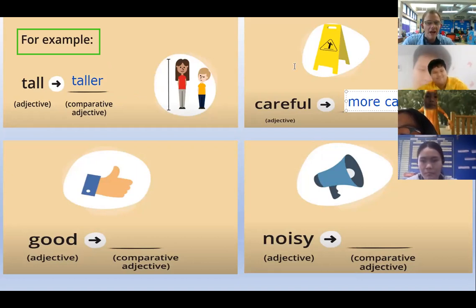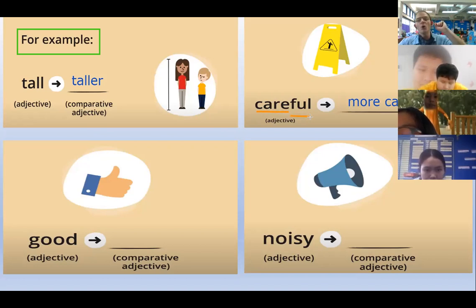Because if we look at the syllables in careful, there are two syllables. And because it does not end on a Y, we put the more in front. So that's 100%. Excellent, Tantan. Thank you very much.